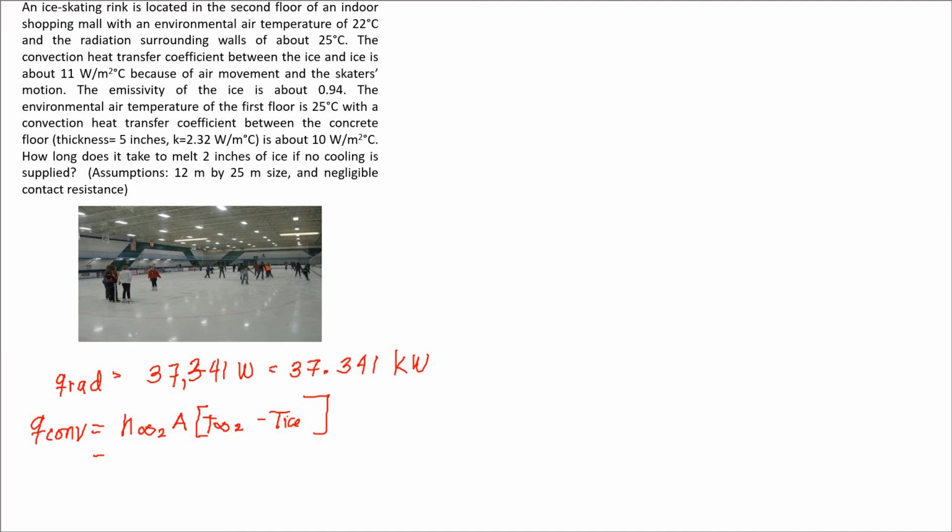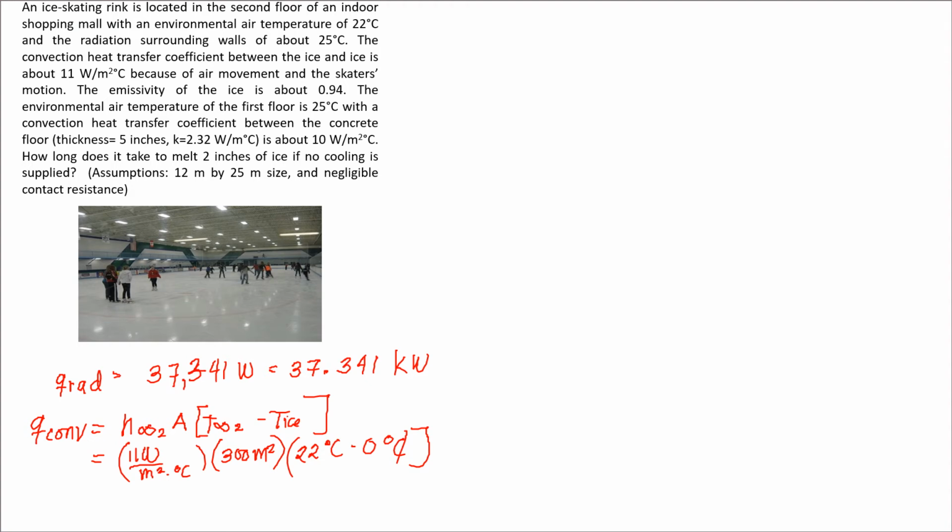So by substituting, we have 11 watts per meter squared per degree Celsius multiplied by 300 meters squared multiplied by the difference, which is 22 degrees Celsius minus 0 degrees Celsius.